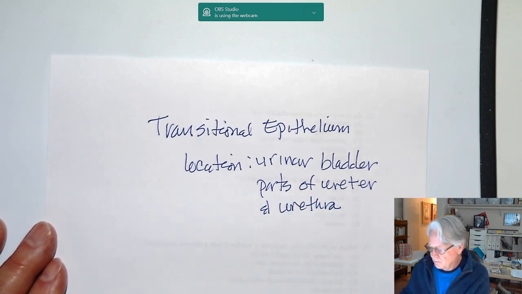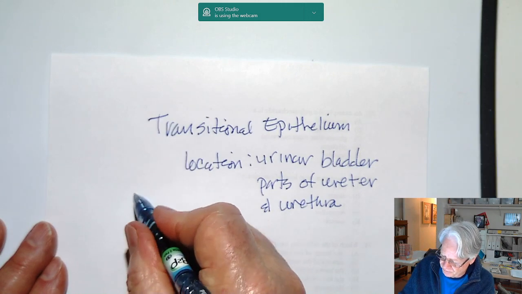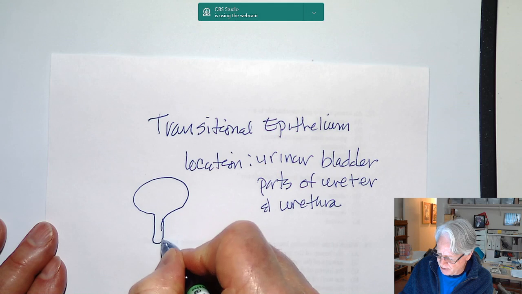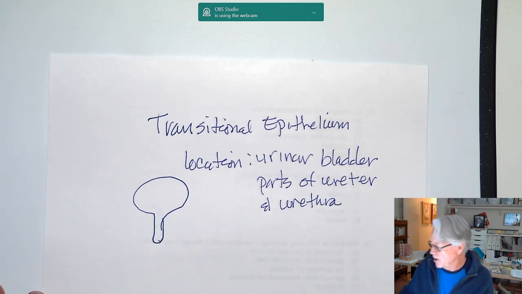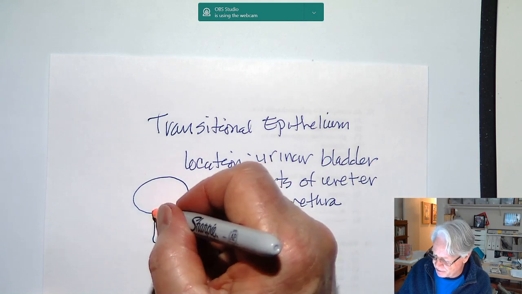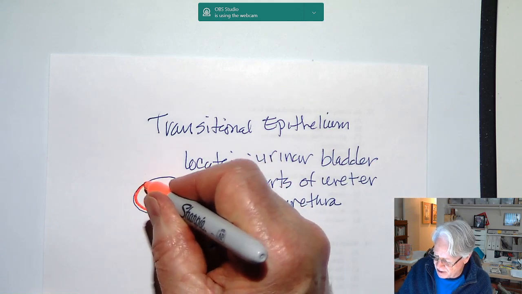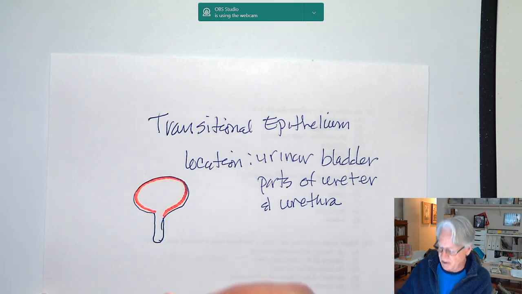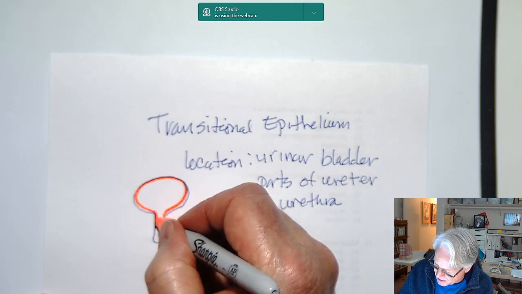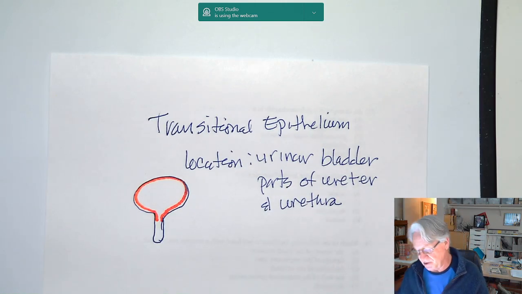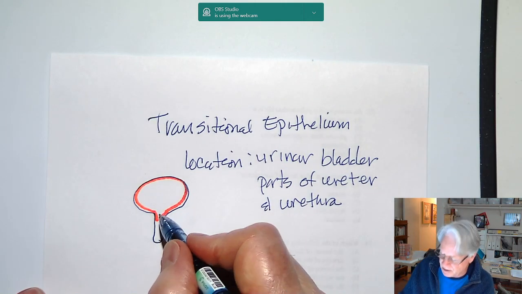So let's just take the urethra and focus on that. What happens is the urinary bladder is all lined with the transitional epithelium, and it tends to dip down and include portions of the urethra. So it doesn't just simply stop at the opening into the urethra.